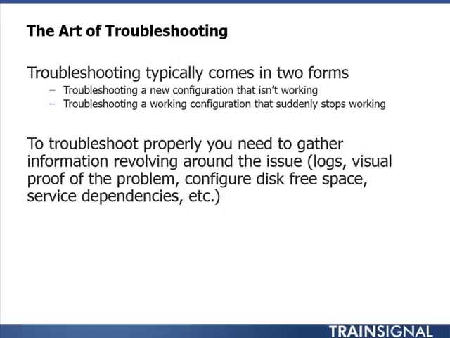You also want visual proof of the problem. You need to know exactly what's happening here. So if mail's not flowing, you can use the Queue Viewer. If it's a transport issue, that's one thing. If it is your mailbox databases, some kind of corruption, some type of issue that's caused them to crash in some way, or services that are down, all of this is part of discovering visual proof of the problem.